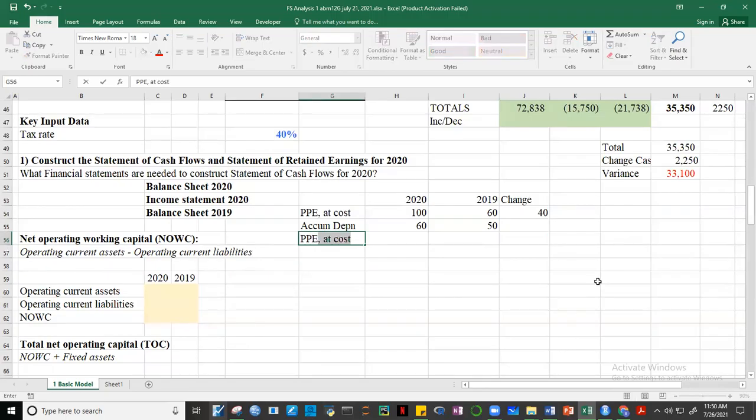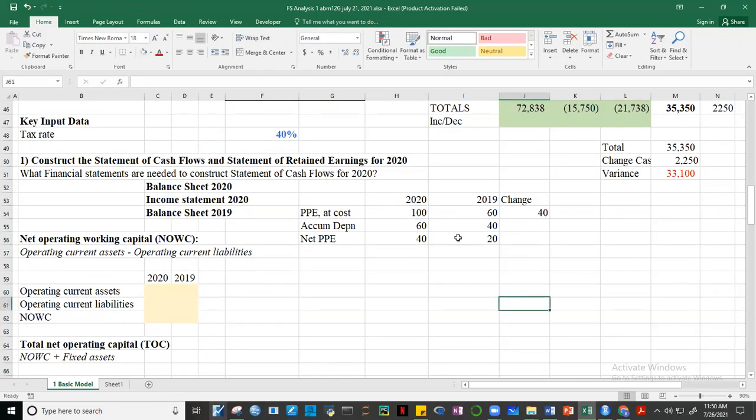Okay? So we can now have here our PPE, net PPE na to, no? Net PPE. Natin ito 40 muna. Okay, so the net PPE is now this minus this, 40.